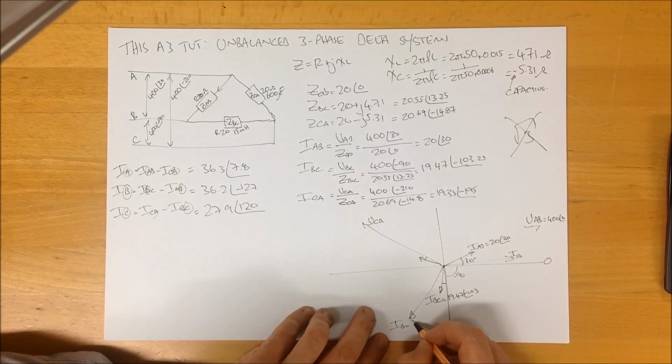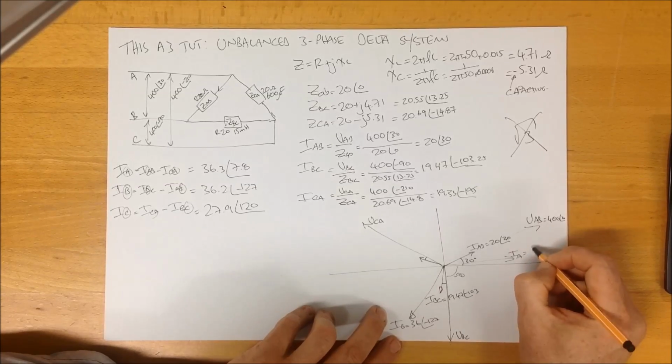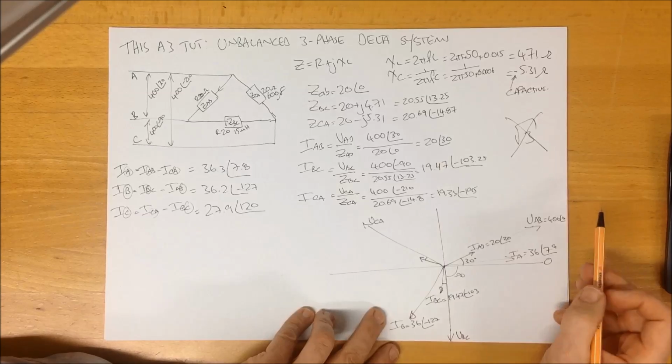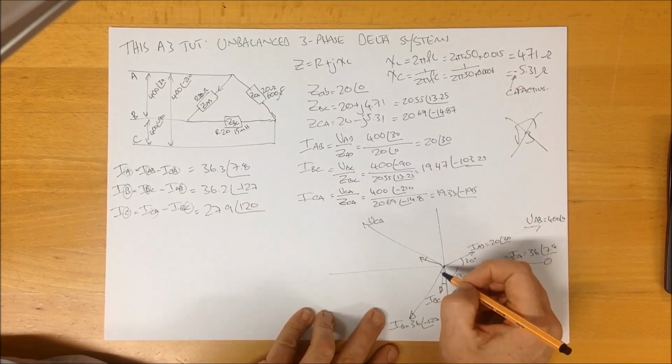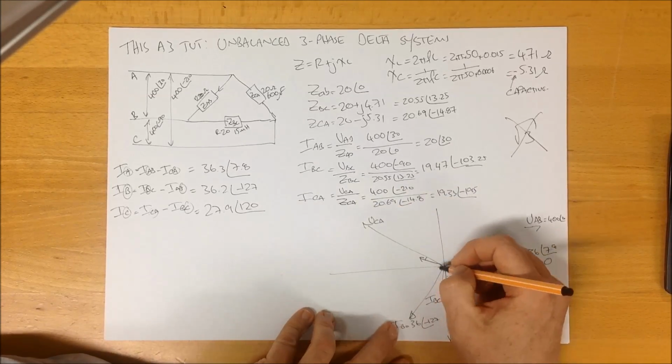IB is 36 at minus 127. IA is 36 at 7.8. And IC is 27 at 120, which is up here.